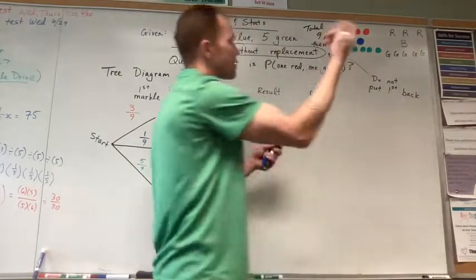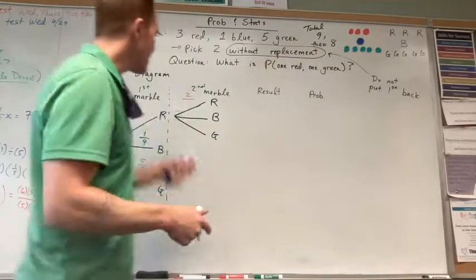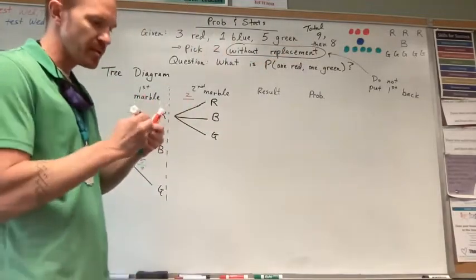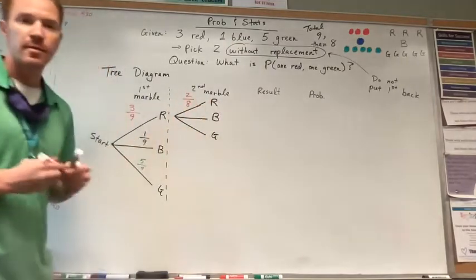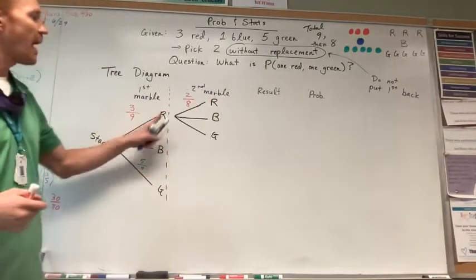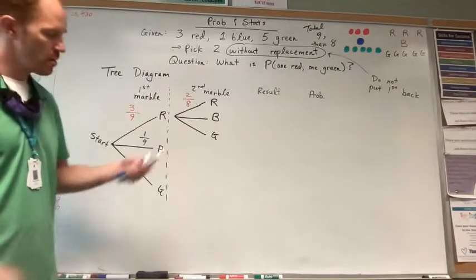The total was 9, but then it's going to be 8. So if I want the second marble to be red after the first was red, there's 2 red marbles out of 8 total.